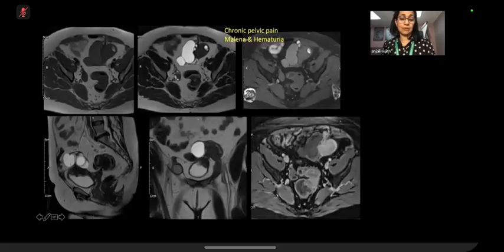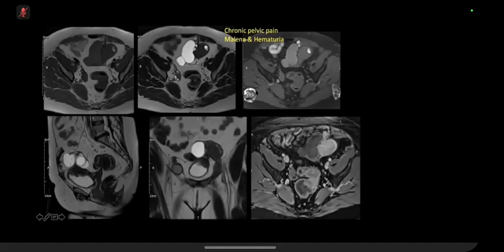So this is a case of chronic pelvic pain, and the patient presented with melena and hematuria. So on these selected slices, the first one, again, I take to be the T1 axial slice, and then T2.